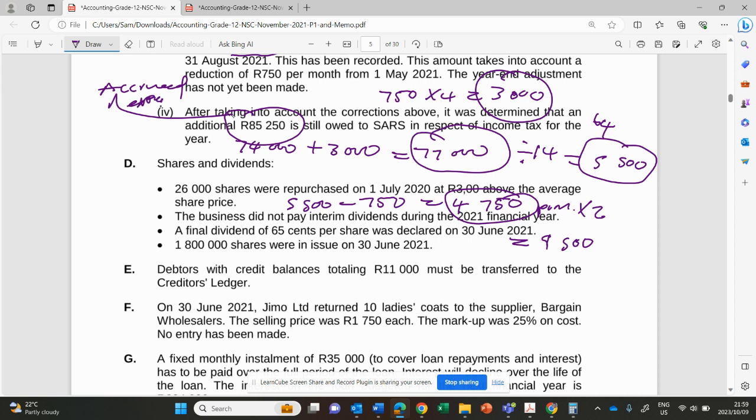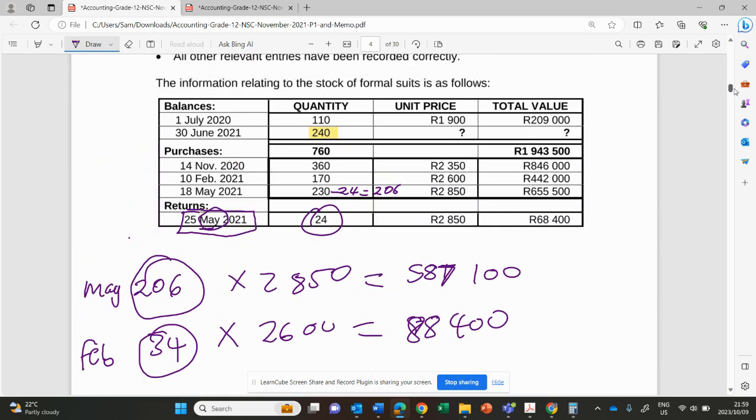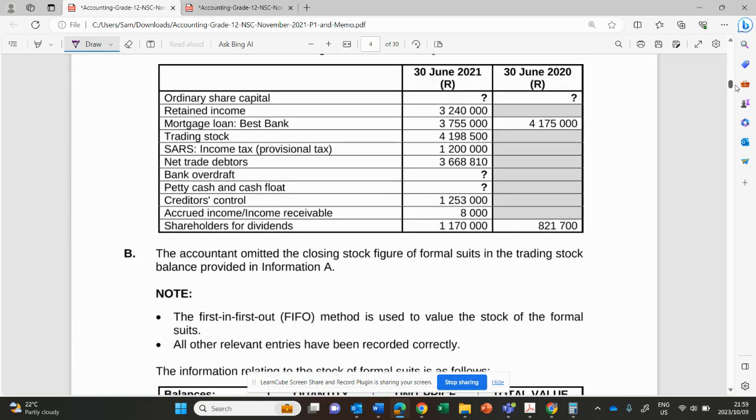So this is only the additional amount owing. In order to get the total income tax, you're going to take this one that is owing and add it to the provisional tax payment to SARS. You see, you're given the SARS income tax provisional tax payment of 1,200,000.